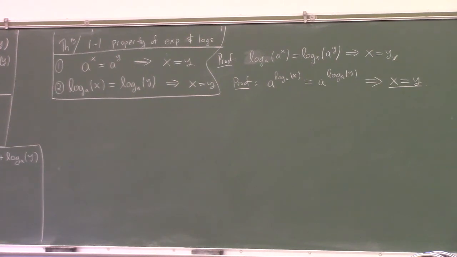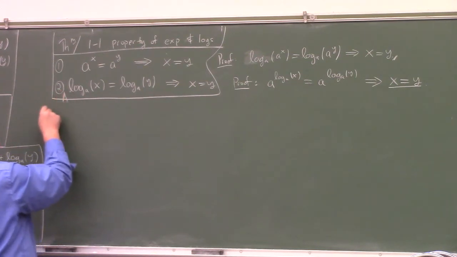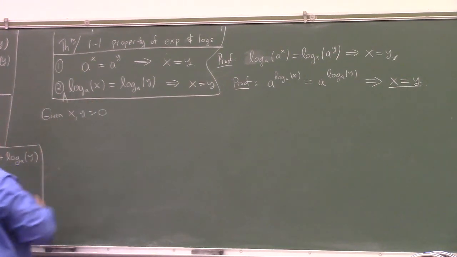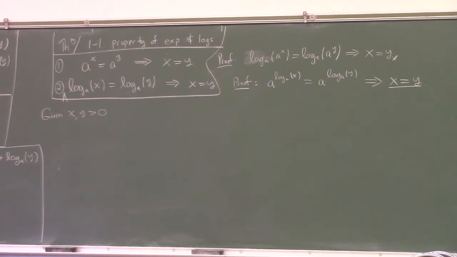But in contrast, part 2 is only reasonable if we know that whatever we're plugging into the logarithm needs to be positive, right? So technically speaking, this is given x and y greater than 0. Just to be picky, this can be an issue.